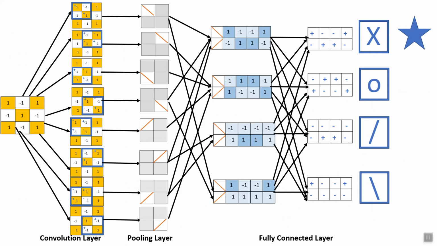So this 3 by 3 pixel X, the computer figures out that after this process it was the X value or X figure.